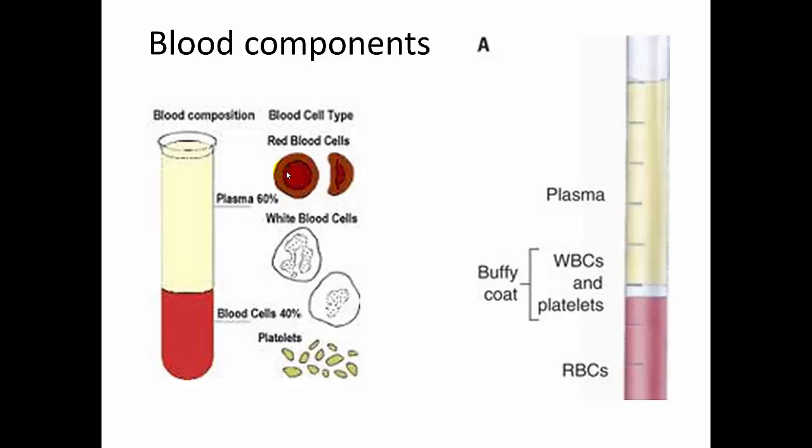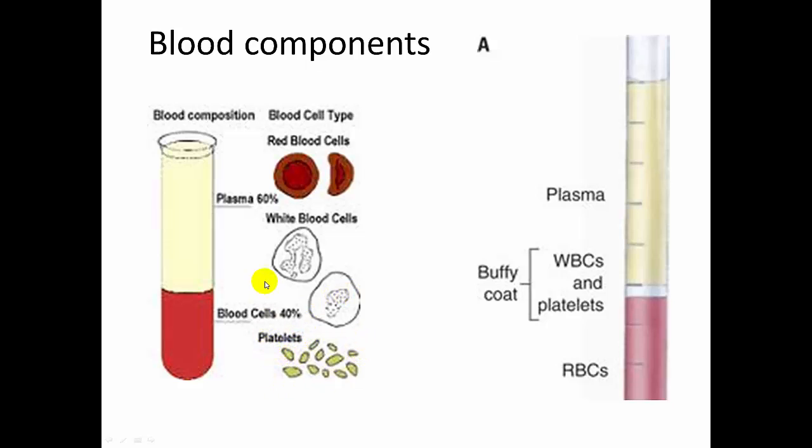A large portion of the blood is plasma, and plasma is kind of the liquid that the cells of the blood are suspended in. So what are the cells that we're primarily interested in? We're interested in red blood cells, white blood cells, and platelets.